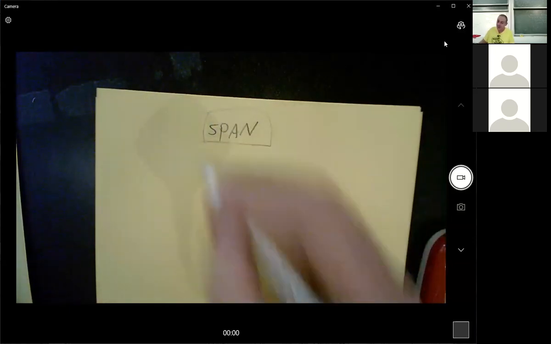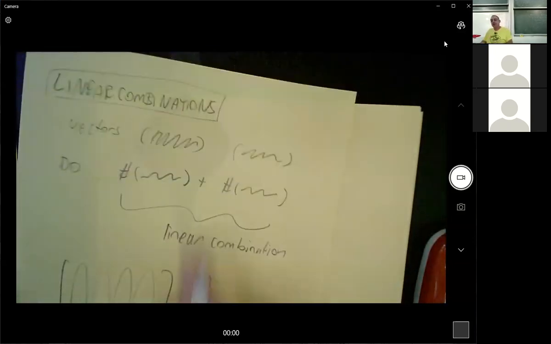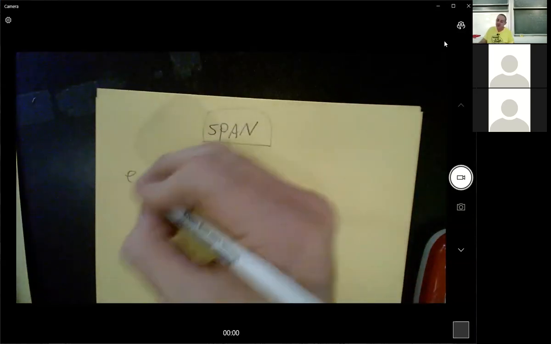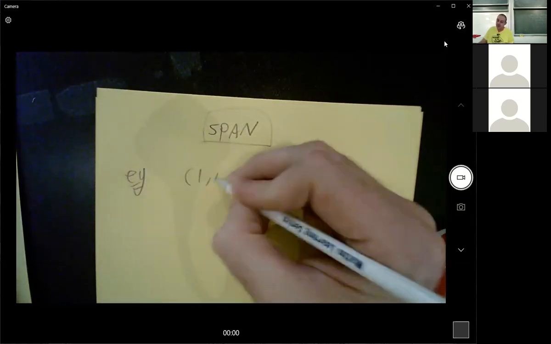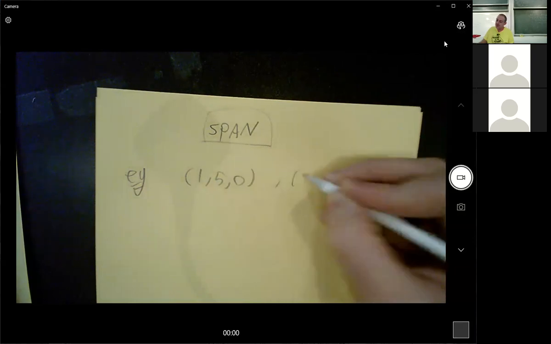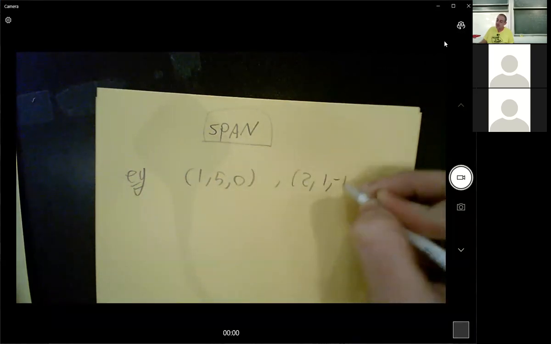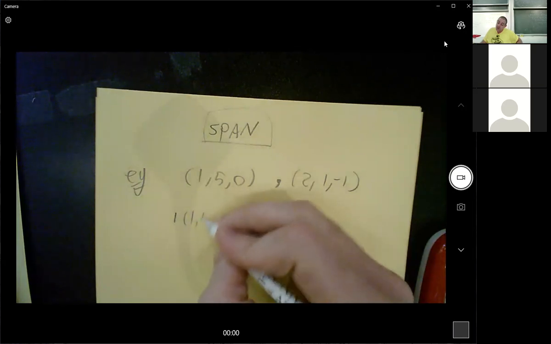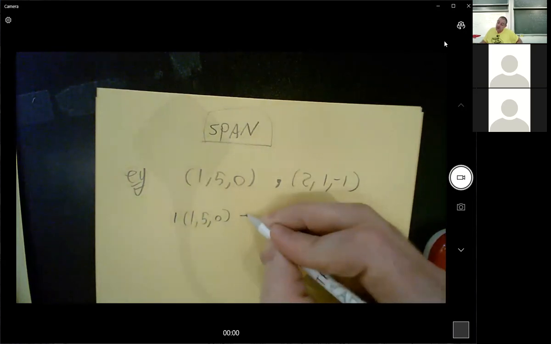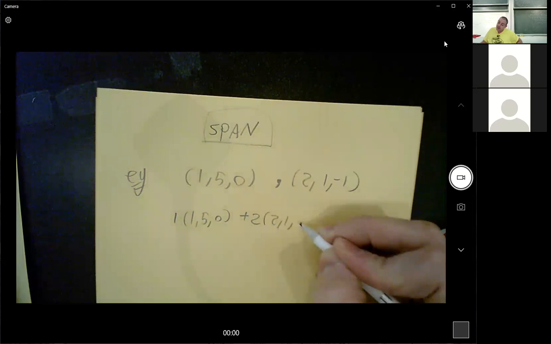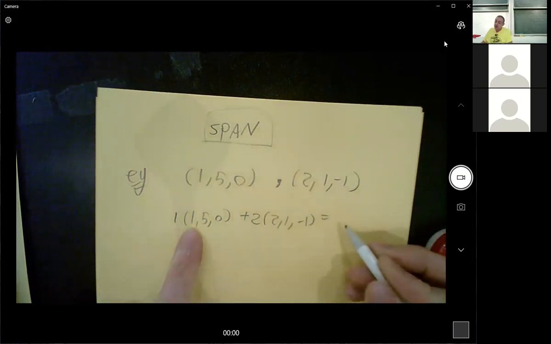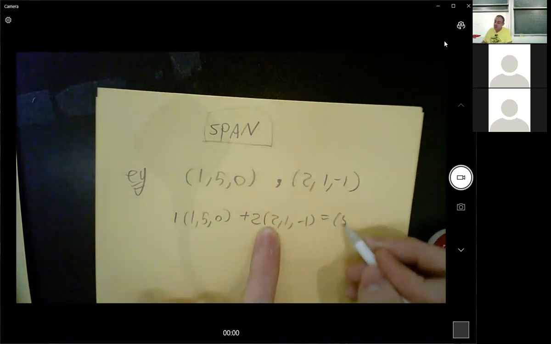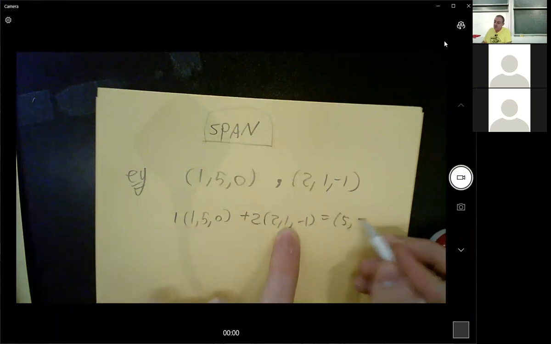So, you know how we make linear combinations? If you thought of some vectors, you know, 1, 5, 0, and just some random vectors, 2 random vectors, and I think, well, I can do linear combinations. I could do 1 of this one, and 2 of this one, and that would produce 1 plus 4, which would be 5, 5 plus 2, which would be 7.